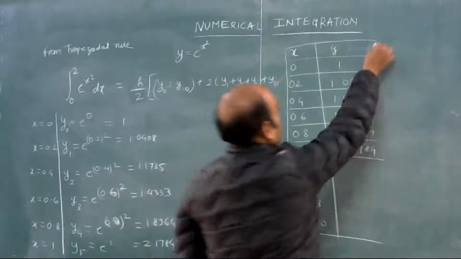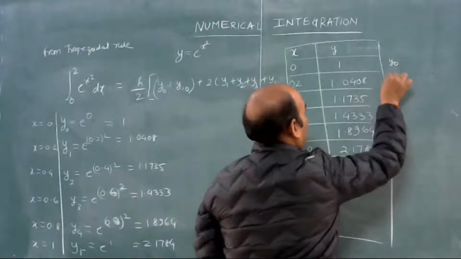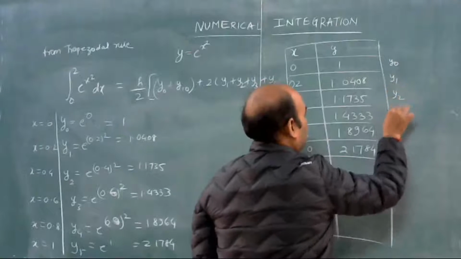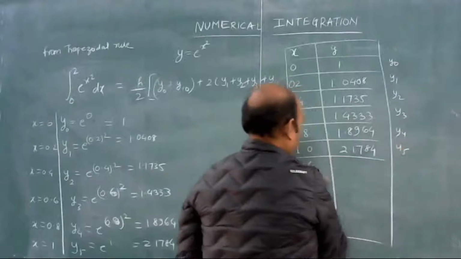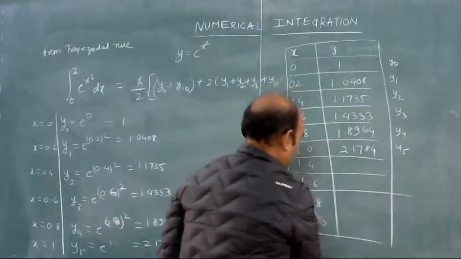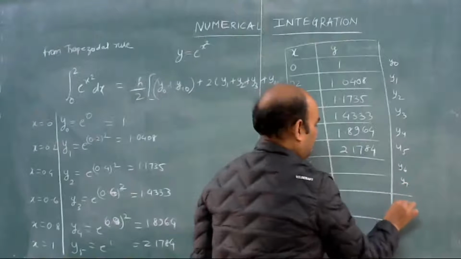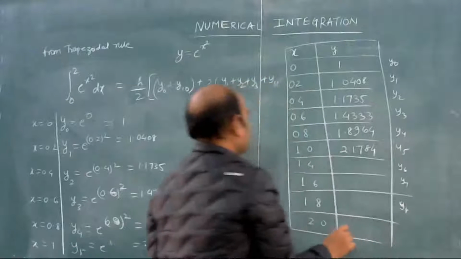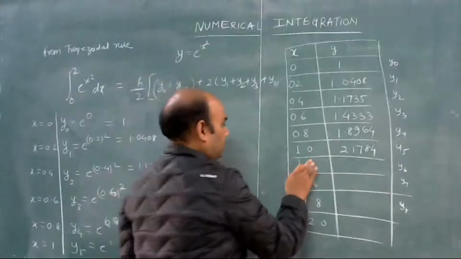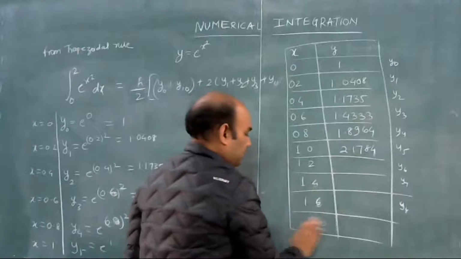Okay, so these are y0, y1, y2, y3, y4, y5. Similarly, you can find the rest.